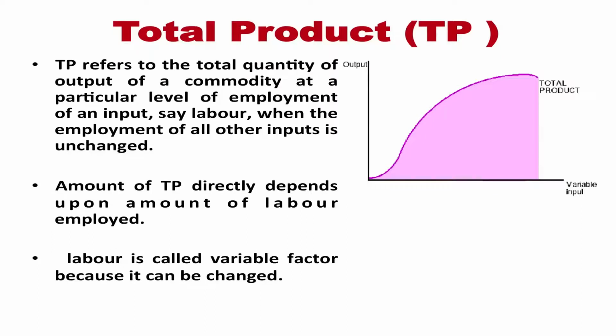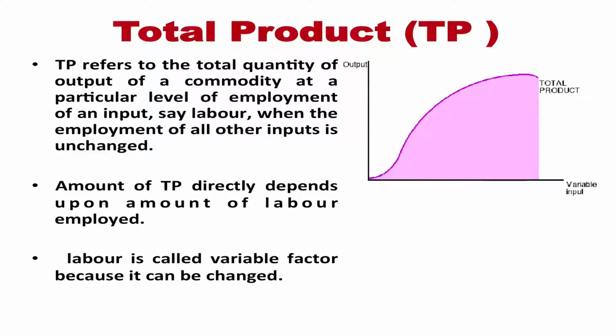The total product refers to the total quantity of output of a commodity at a particular level of employment of an input, say labor, when the employment of all other inputs remains unchanged. This is an important qualification. All other inputs remain unchanged.